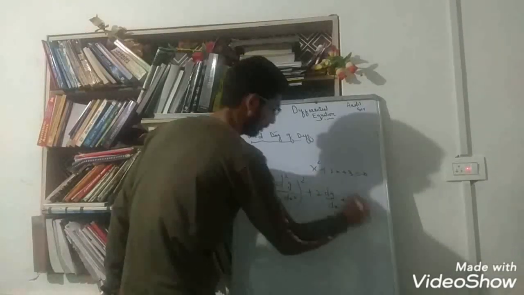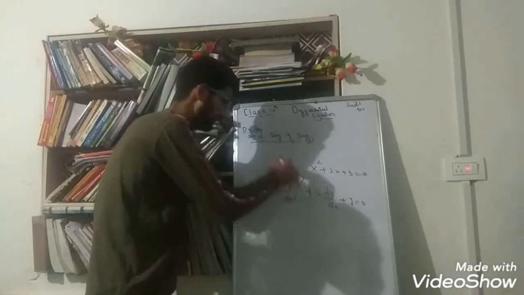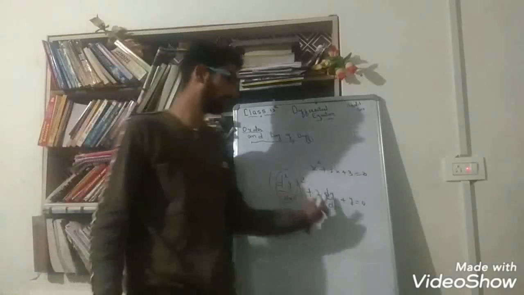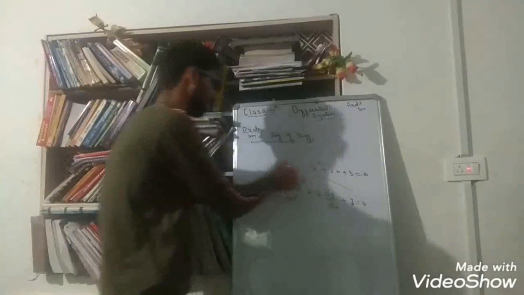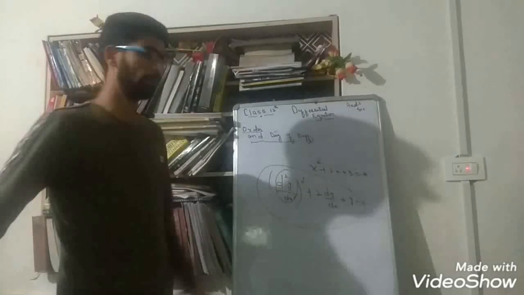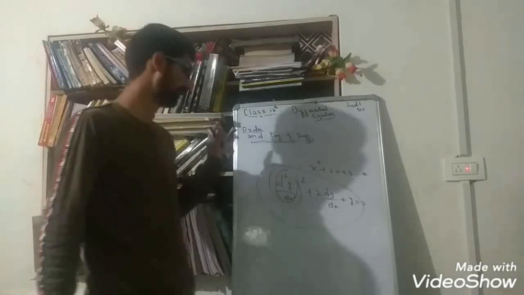plus y is equal to 0. You check here, it is a polynomial in terms of d square y divided by dx square, a polynomial in terms of derivatives, so we can determine its degree. But if the equation is not a polynomial, then we cannot determine its degree.